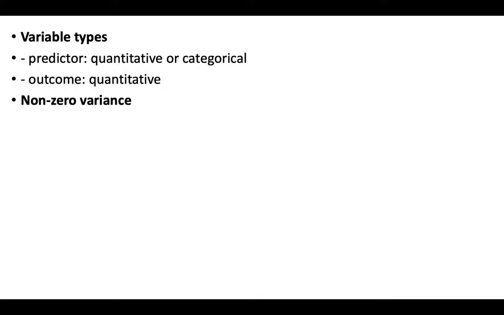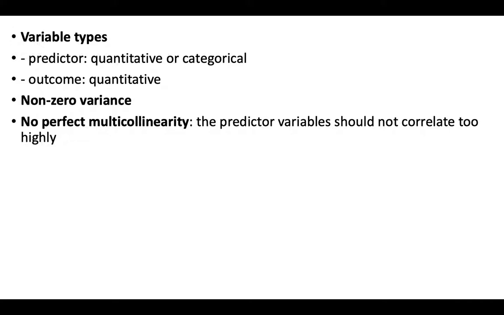Important. Non-zero variance means that each of your predictor or independent variables should have some variance in it. The third assumption is no perfect multicollinearity. So the predictor variables shouldn't correlate too highly.